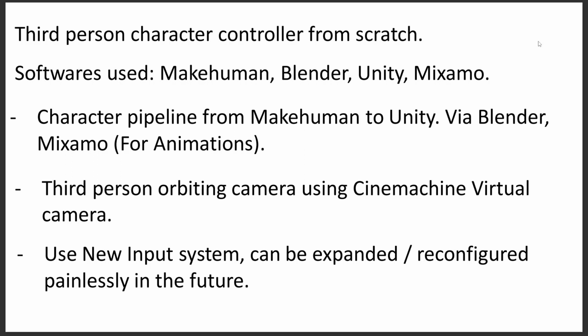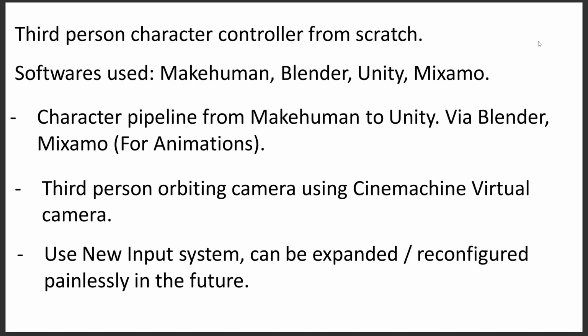So we'll go through the character pipeline, starting from the beginning when there are no applications either. We'll implement it using a third person camera orbiting around the player and using the new input system where we don't define the particular key.